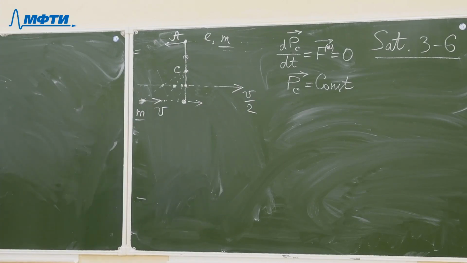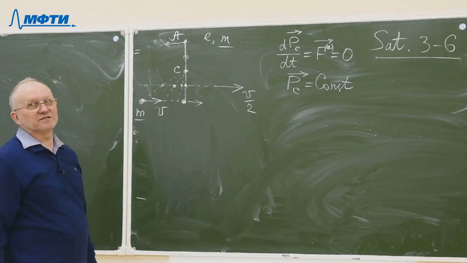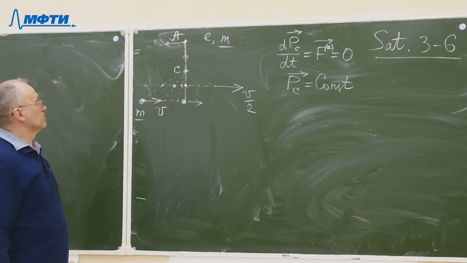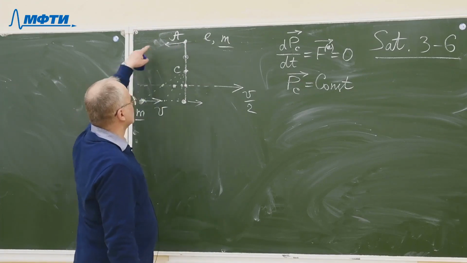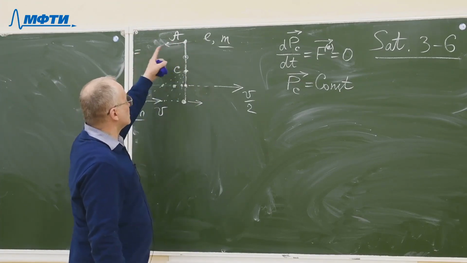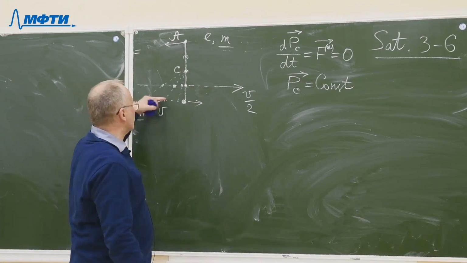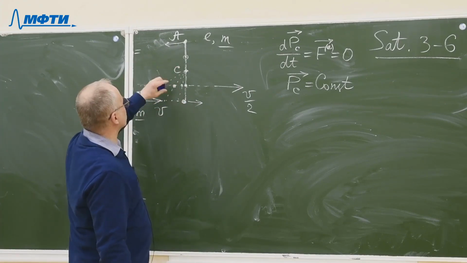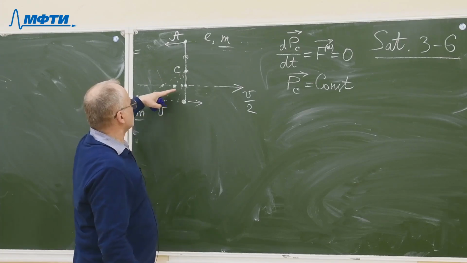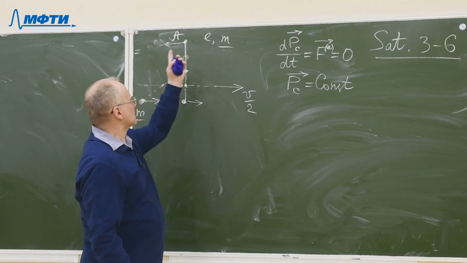That's the law of conservation of momentum for a closed system of bodies. Now, in order to find the velocity of point A, we need to find the angular velocity of rotation of this rod. Certainly it will rotate because something pushed it at this end, and it was lying on the table at rest, and after this push, the rod will start rotating.